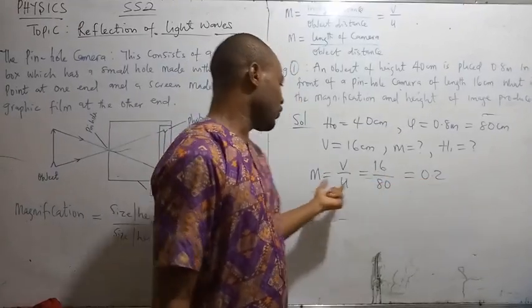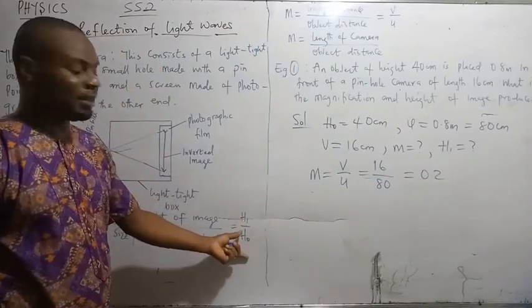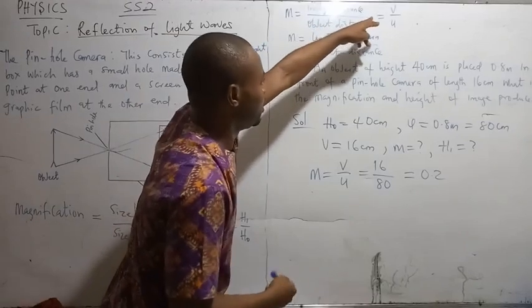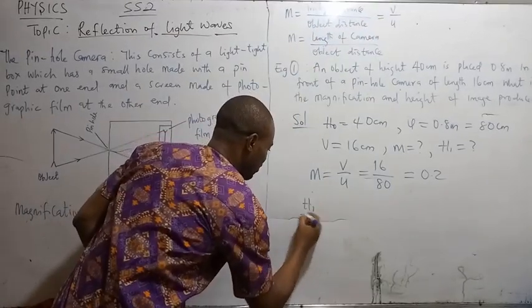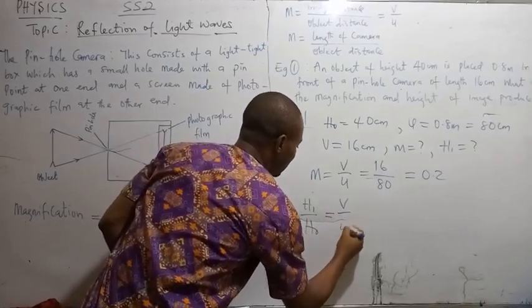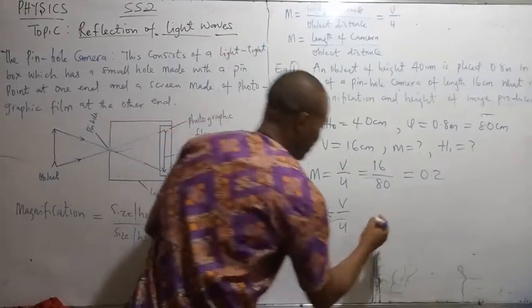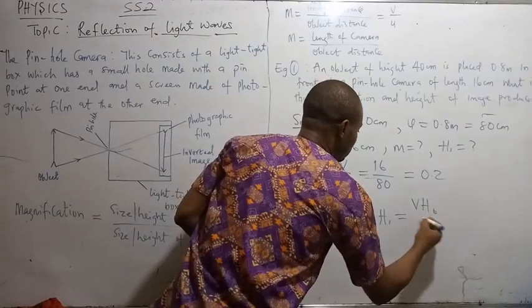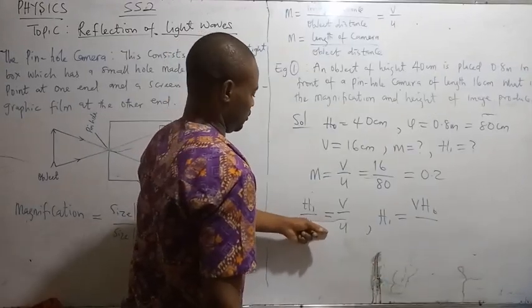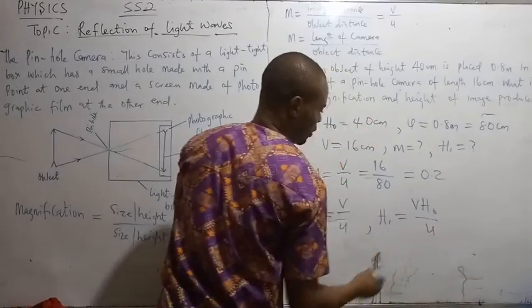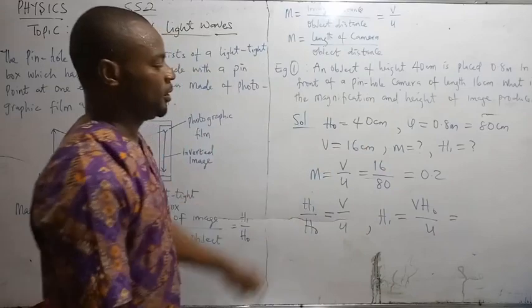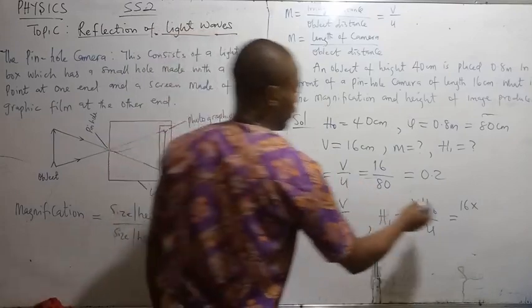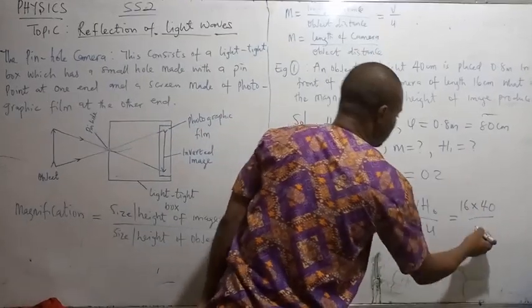Either using 0.2 for our M and equate it to HI all over HO and cross multiply, or we can simply equate this to V all over U, so that HI all over HO is equal to V all over U. If we make HI the subject of the formula, we have that HI is equal to V times HO all over U. Now we have that our V is 16 multiplied by HO 40 divided by our U, which is 80.